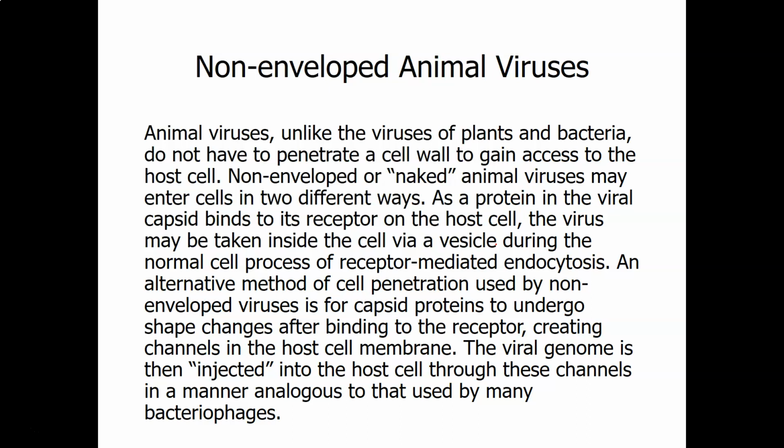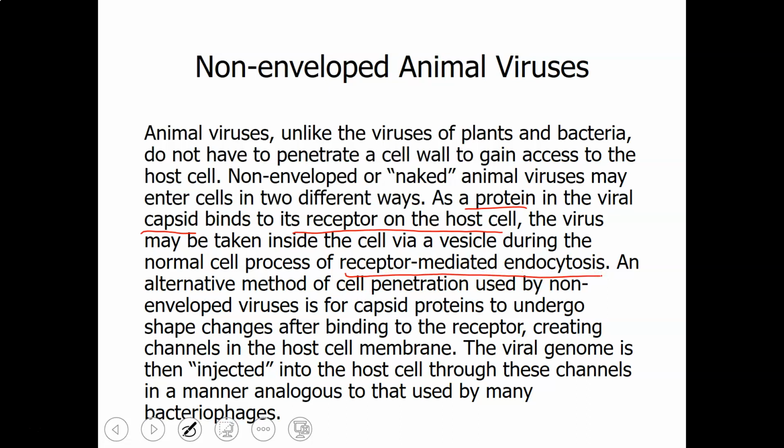First, you have to have attachment. A glycoprotein in the capsid will bind to the viral receptor on the host cell. That's the attachment. Then the virus can be taken inside the cell via a vesicle, and that process would be receptor-mediated endocytosis.